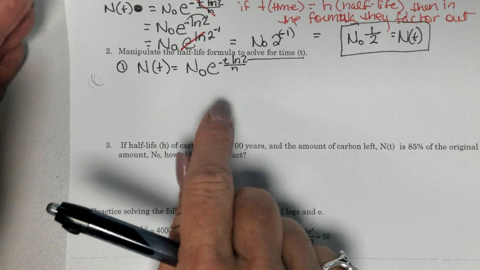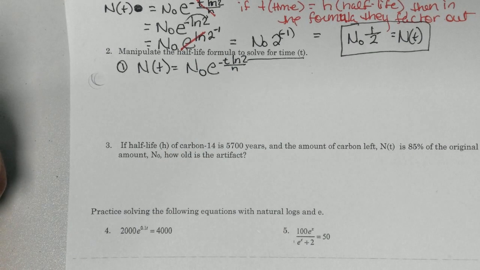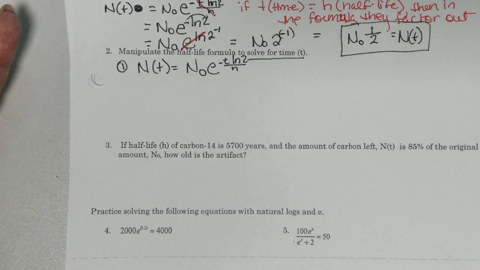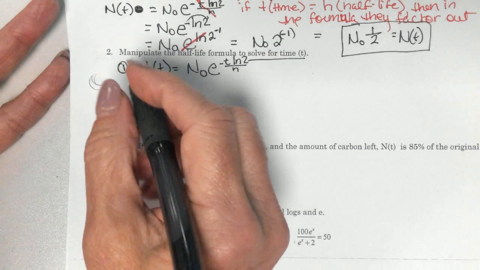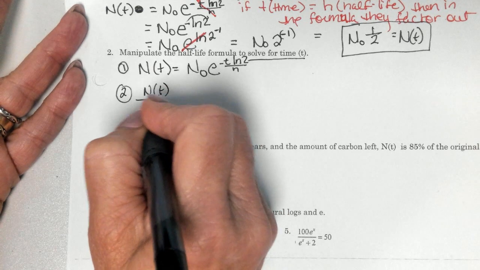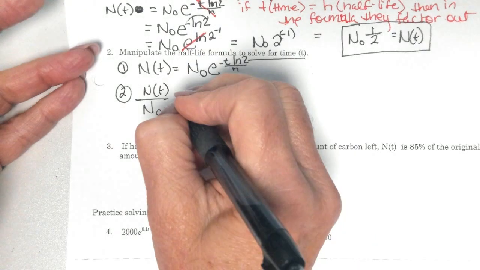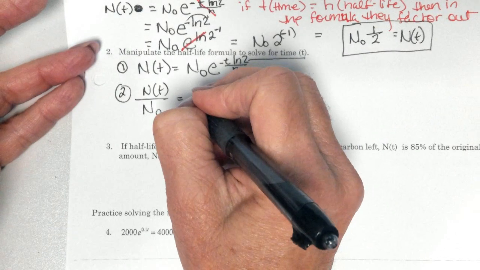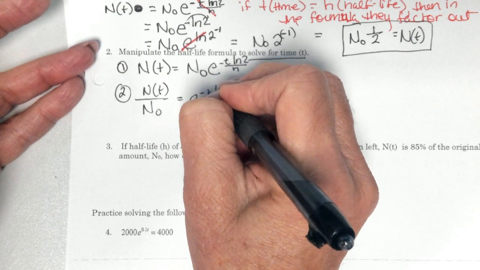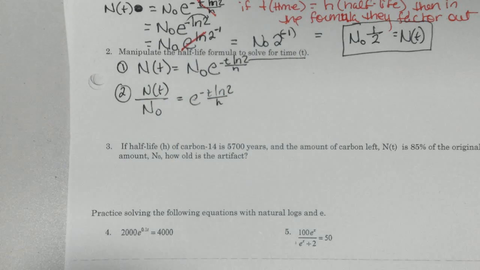Think if this was 2x. What would you do to get rid of the 2? Divide. That's all we do. We divide both sides. So we've got N of t divided by N sub 0, and that's equal to e to the negative t natural log of 2 over h.